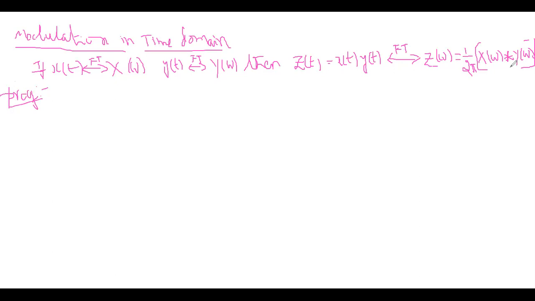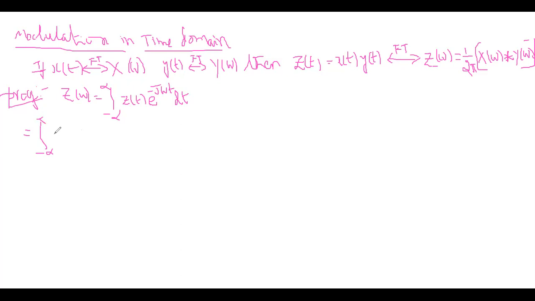By the Fourier transformation definition, z of omega is equal to the integral from minus infinity to infinity of z of t e power minus j omega t dt. That is equal to the integral from minus infinity to infinity.